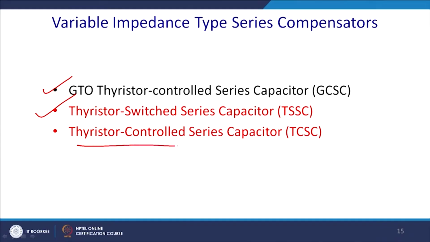So, what we have already discussed, and now we are left with another series control regulator, that is the thyristor controlled series capacitor. We shall continue with it now, and also in the next class, because the time left is very small now.